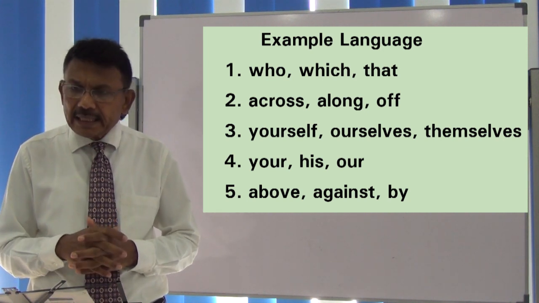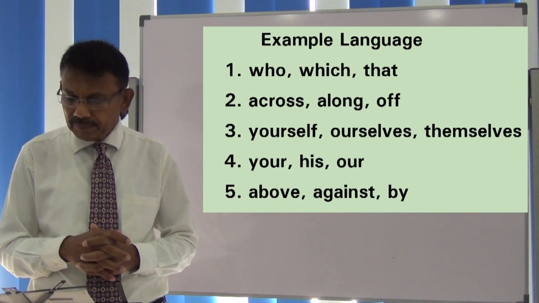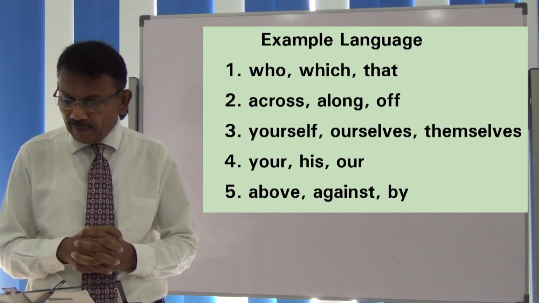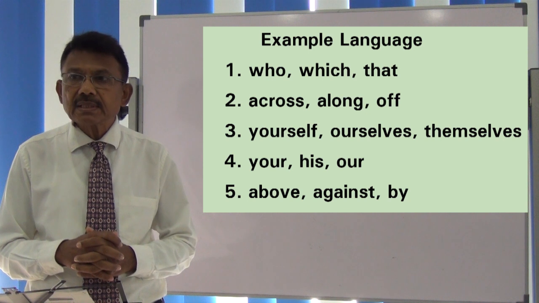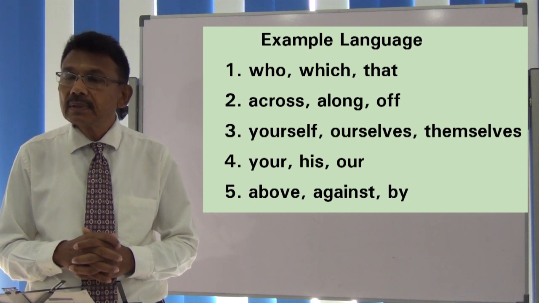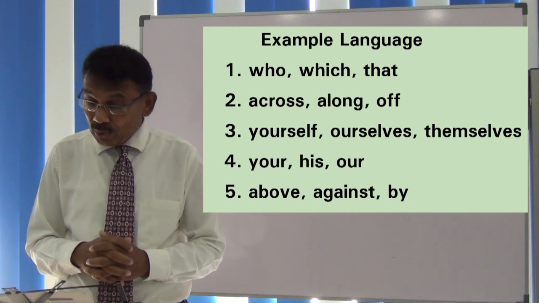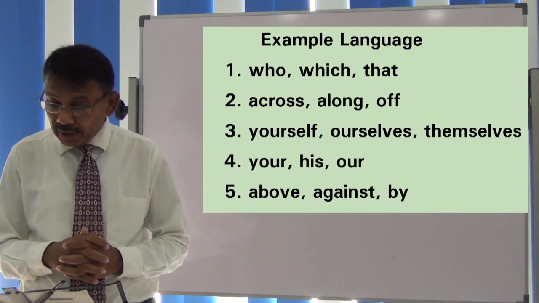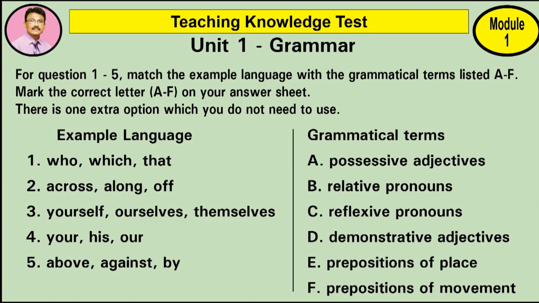So what is the grammatical item? Across, along, off. Excellent, very good. So number 2 is prepositions of movement.